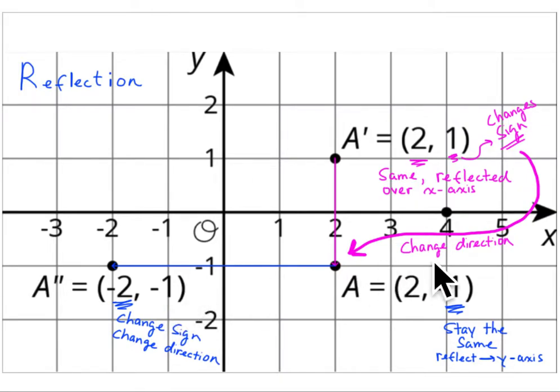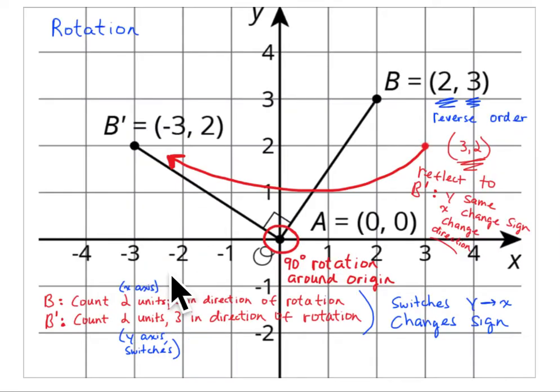So it's -1 and it's -1. So the y value remains the same, and it's the x value that changes signs. So instead of going in the positive direction 2 units, you go in the negative direction 2 units, which is a -2. So for reflections, the coordinates remain in the same order, but one of the coordinates will change signs depending on what direction you're moving.